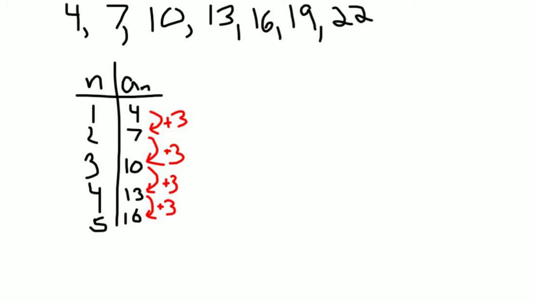The difference between the terms is the same. In this case, it's plus 3. So that's what makes this an arithmetic sequence, because it is increasing by the same amount. It could be decreasing by the same amount and be an arithmetic sequence, but in this case, it's not. It's increasing. By how much? By 3.